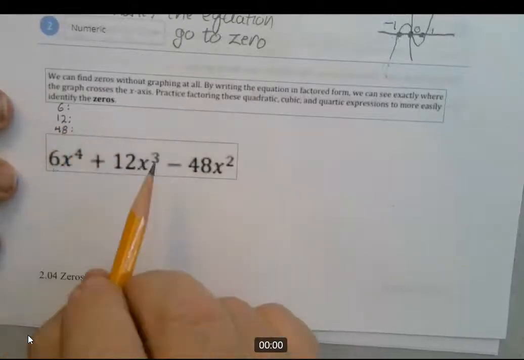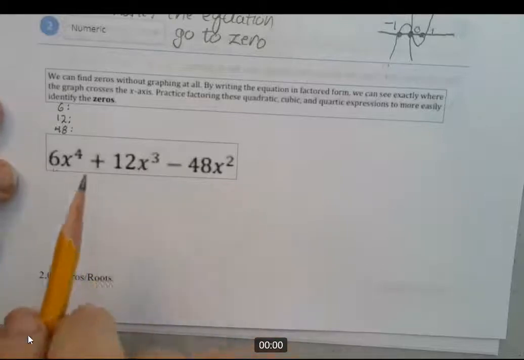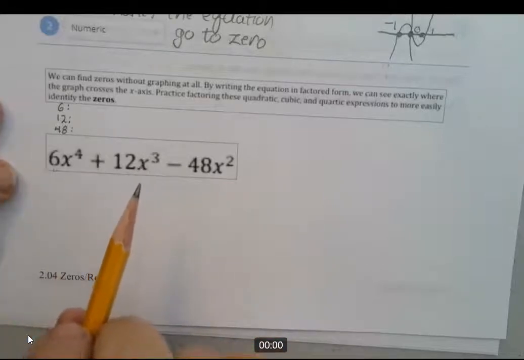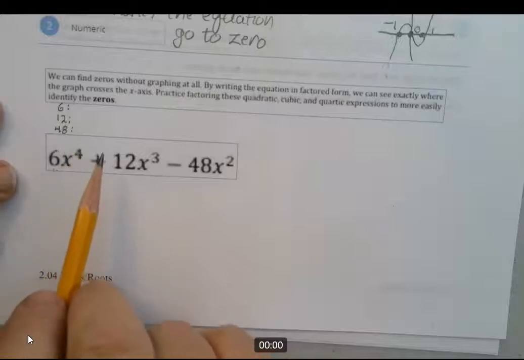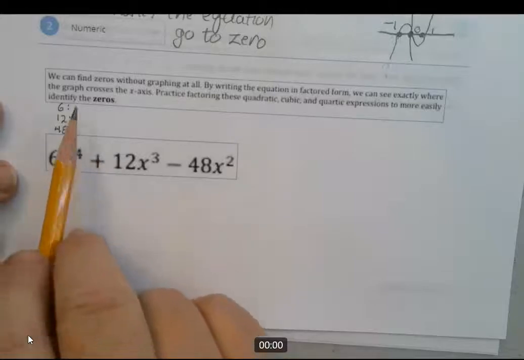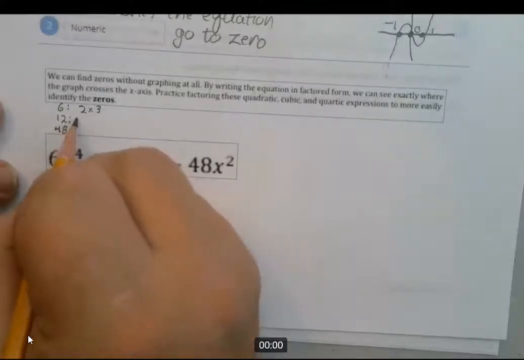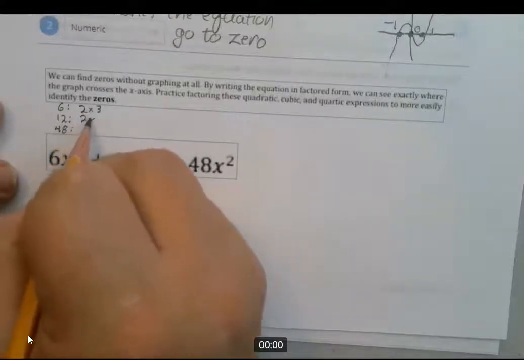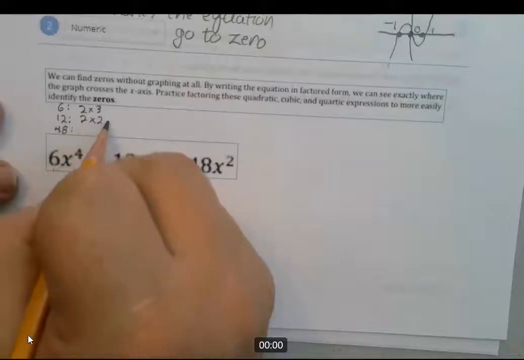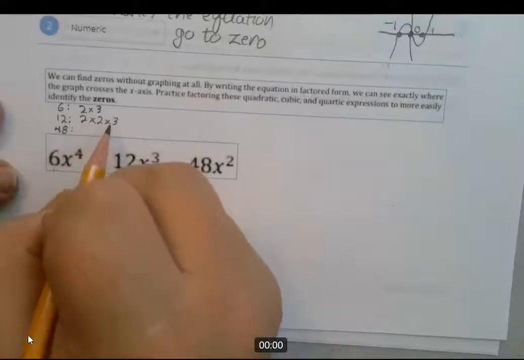Okay, you can use a factor tree for this. I use that more extensively later in this unit, but a factor tree simply breaks it down into prime factors. So what 2 numbers multiply to 6? 2 times 3. What prime numbers multiply to 12? That would be 2 times 2 times 3.